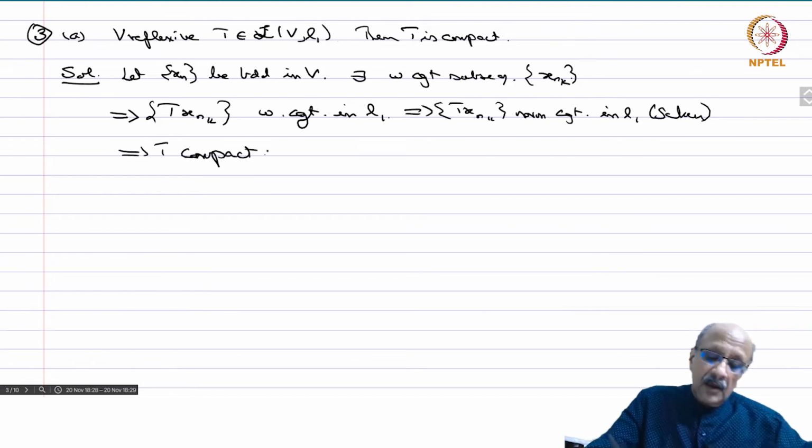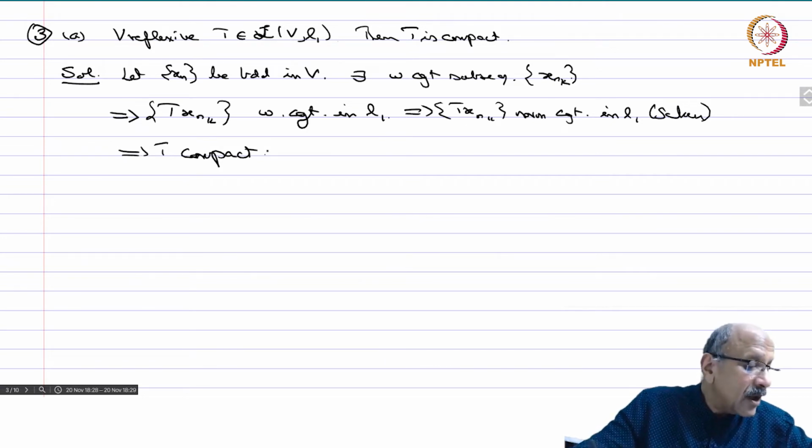So any bounded linear operator from a reflexive space into L1 is automatically compact.